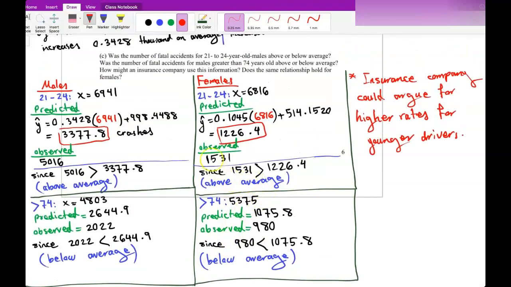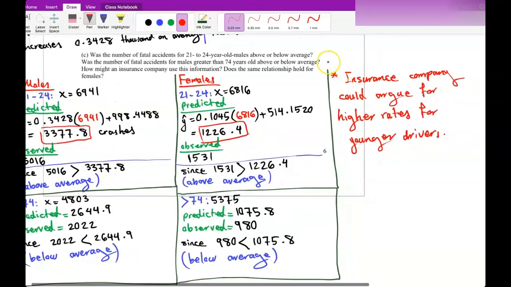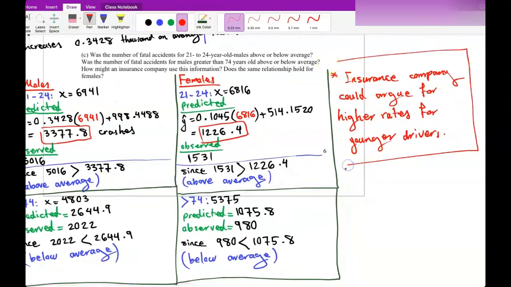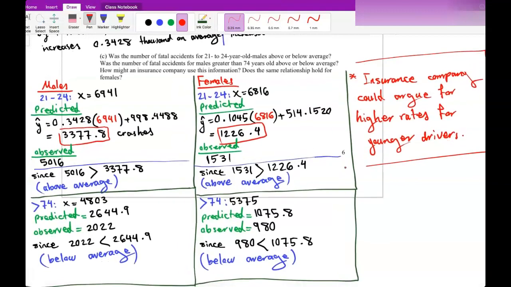So obviously they're going to have higher rates for this group, 21 to 24. Okay, we finished this section.